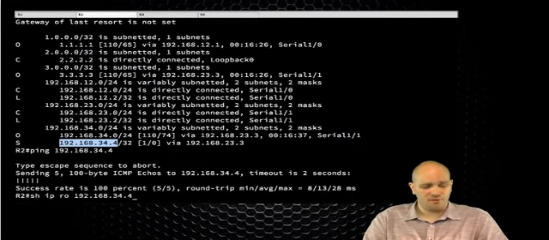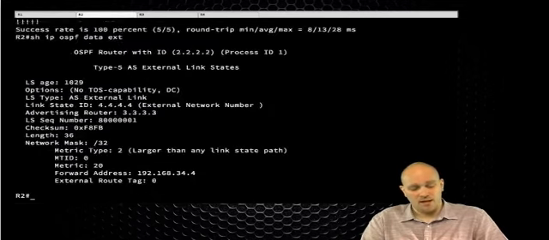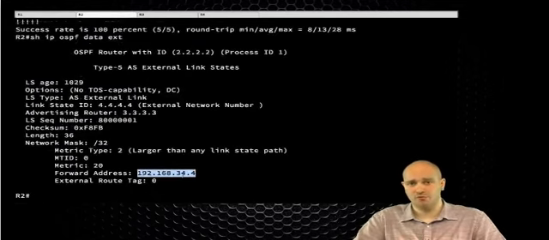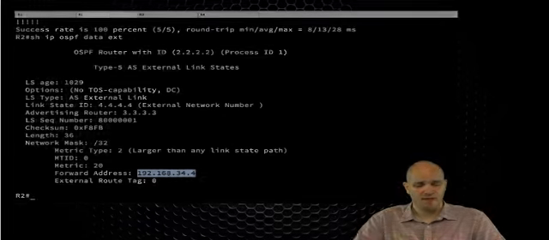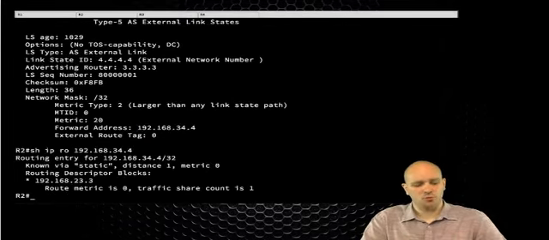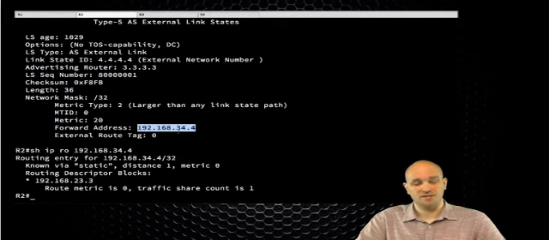If an OSPF router receives an external LSA that has a non-zero forward address, this address, in order to be used, must be known by OSPF. Show ip route 192.168.34.4 on R2 shows us that there is a static route on R2 that makes the forward address reachable.